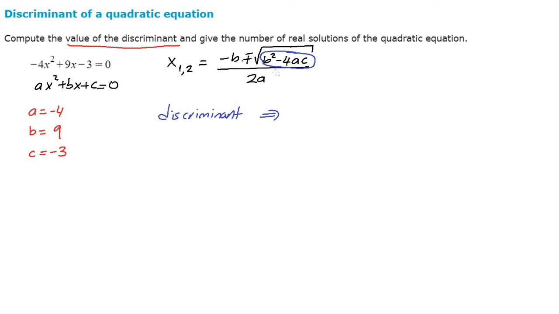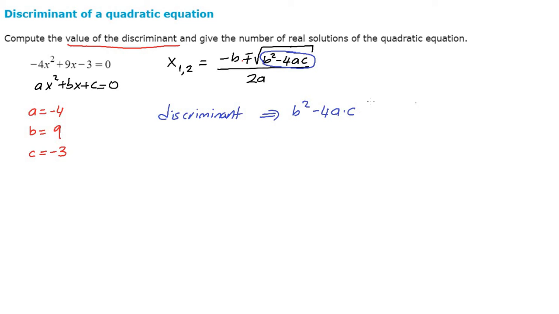Not the square root, but the expression right underneath it. So it is equal to b squared minus 4ac. It's called the discriminant because it separates the two values with this positive and negative sign.